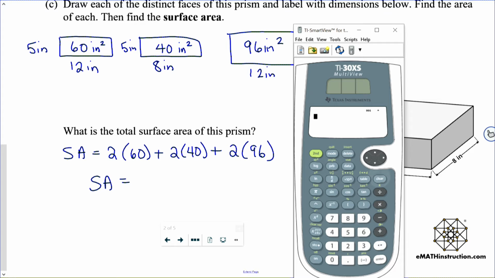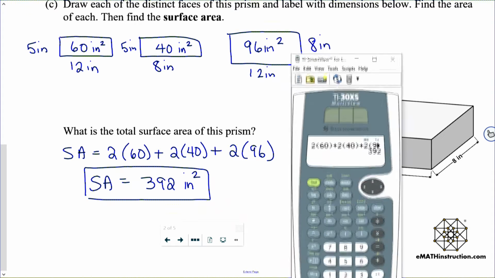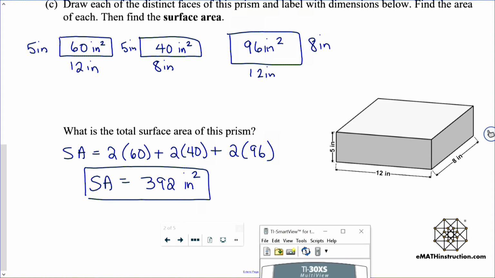Again, no need to really do this longhand unless you want to get some workout with your multiplication and your addition. We're just going to do it on the calculator. All at once, we get 392. Keep in mind this is an area, square inches. 392 square inches.